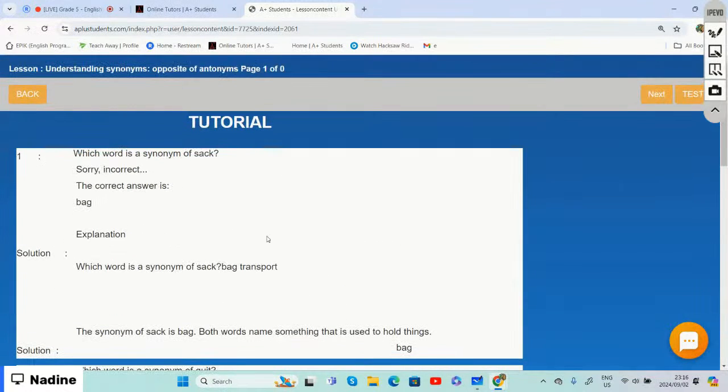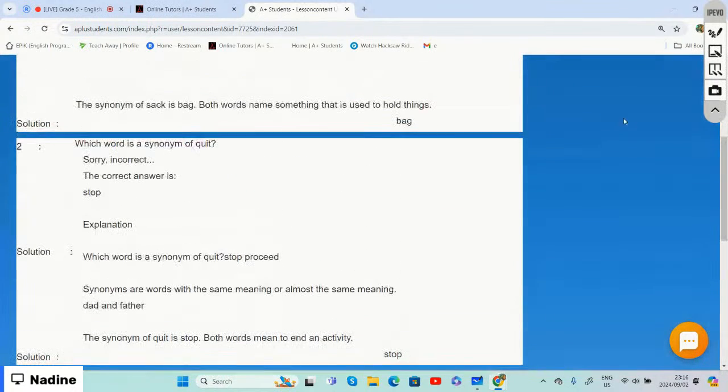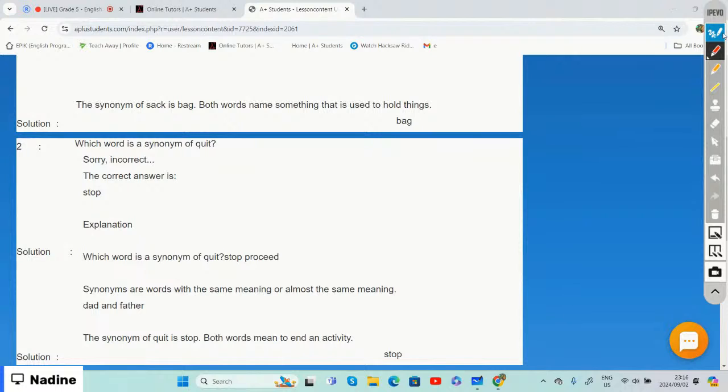So we need to understand synonyms, and we said synonyms are the opposite of antonyms. Once again, synonyms are words with the same meaning or words with almost the same meaning. If we look at words that are synonyms, then we can say dad, and the word that's the same as dad is father.